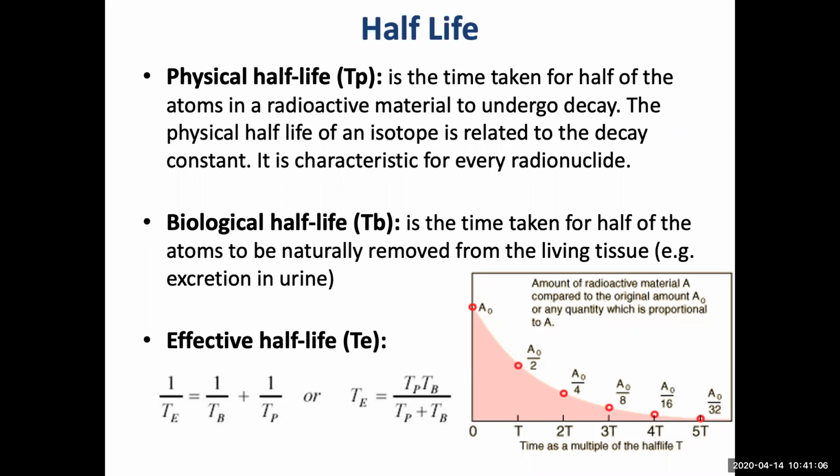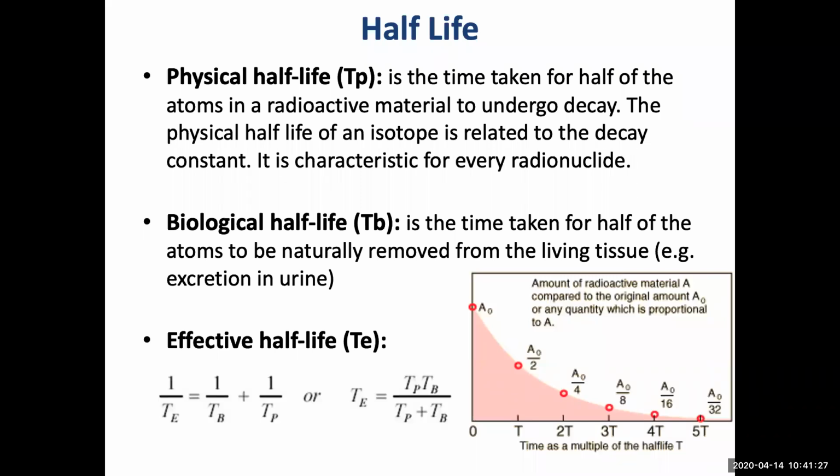It's not a matter of being more accurate; it is the relationship between the physics. You have to consider the physical half-life and biological half-life to calculate accurately how long the material will stay inside the body.